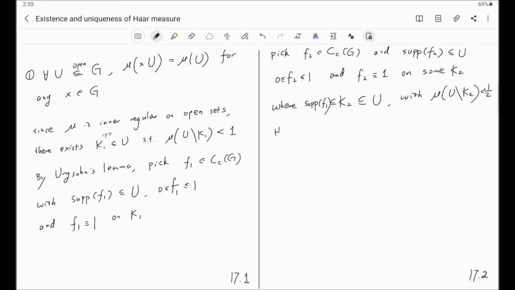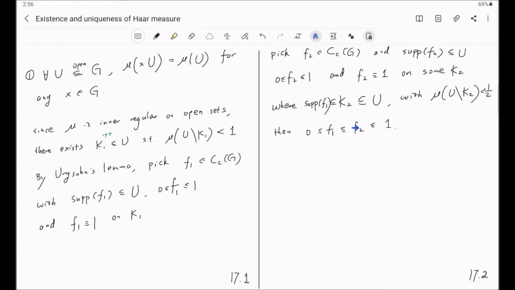Then it follows that F1 is less than or equal to F2. Do you see why? This is because F2 is constantly equal to 1 on K2, but the support of F1 is contained in K2, namely F1 is equal to 0 outside of K2.